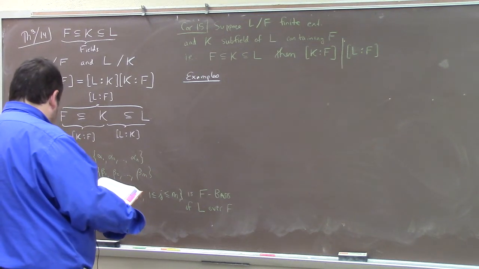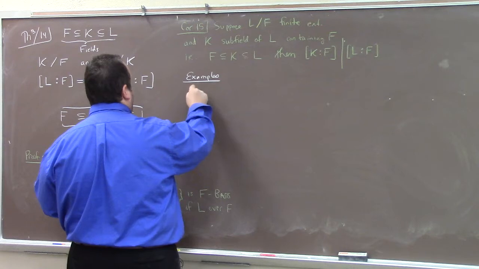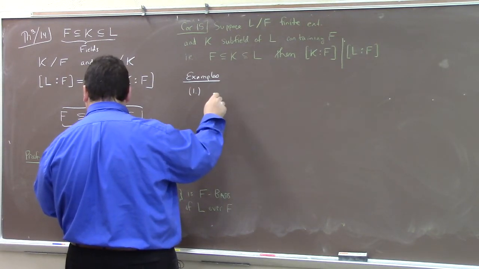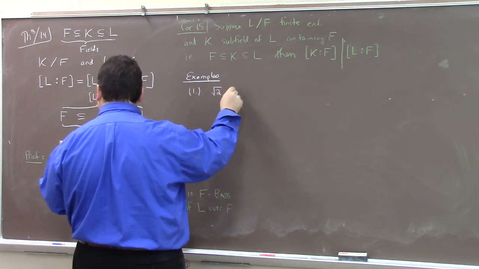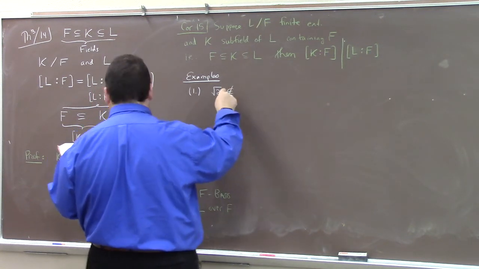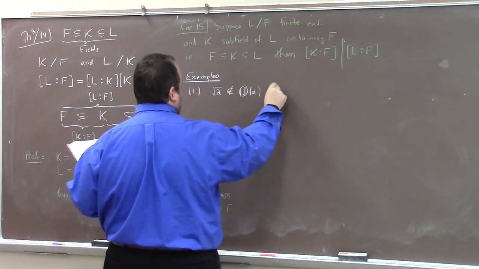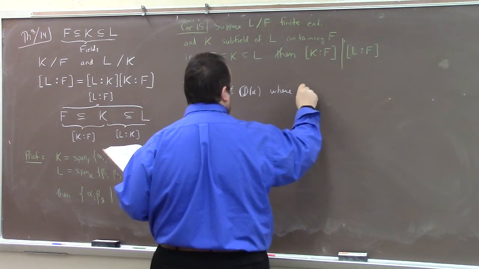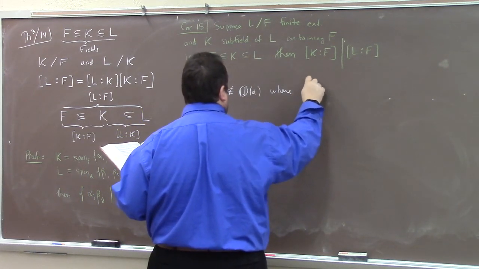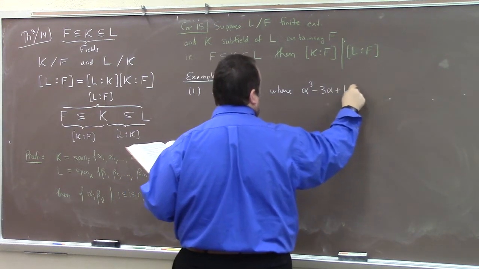So, example 1. The square root of 2 is not an element of Q adjoin alpha, where, basically, he's got alpha cubed minus 3 alpha plus 1 equals 0.